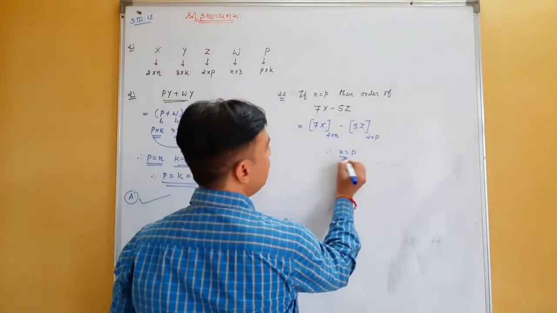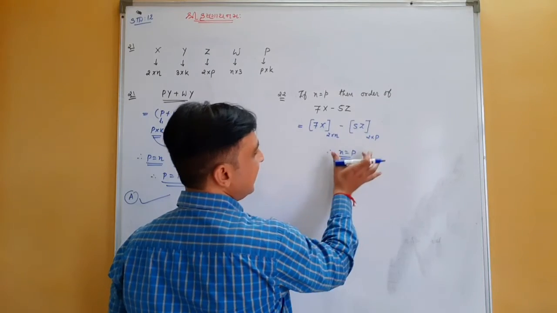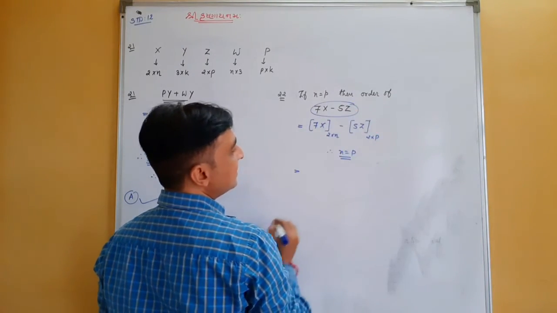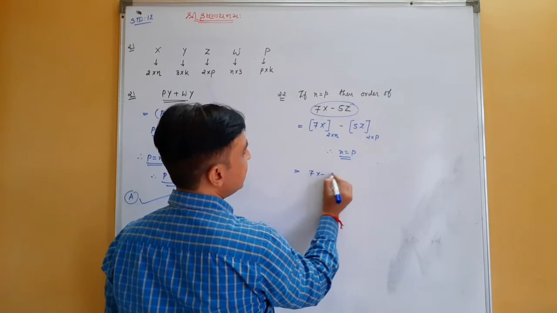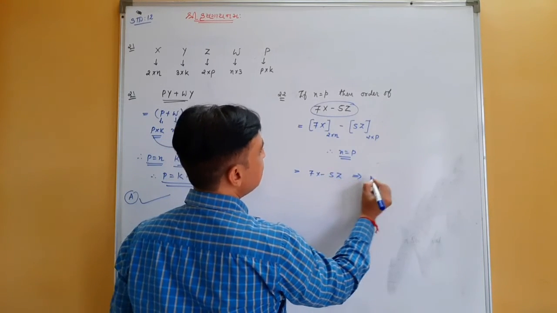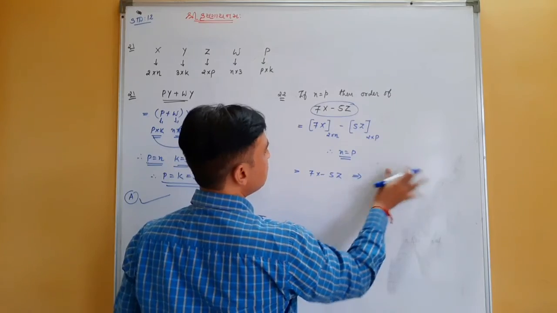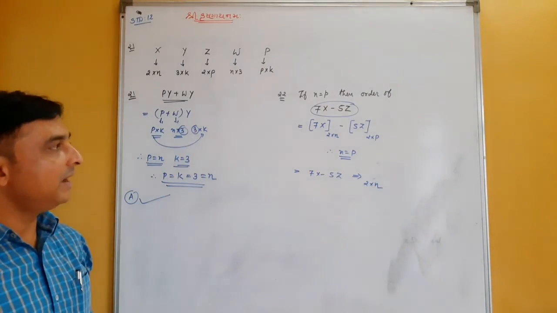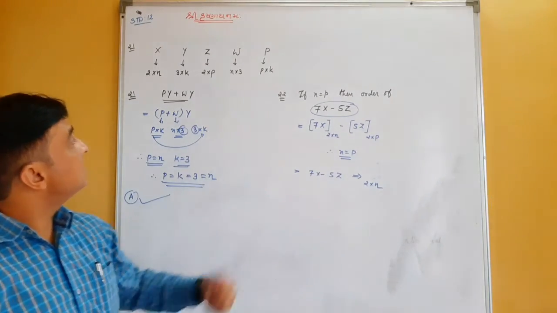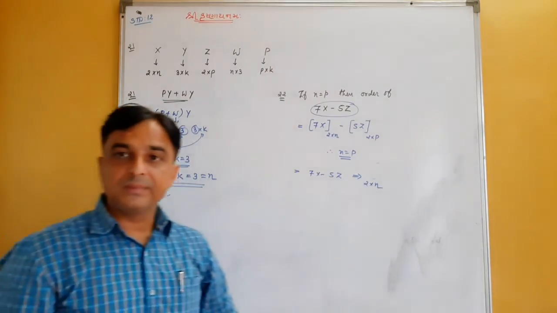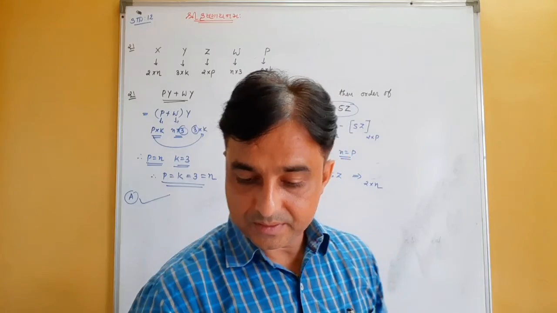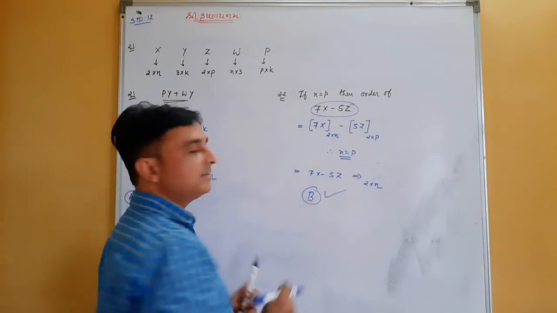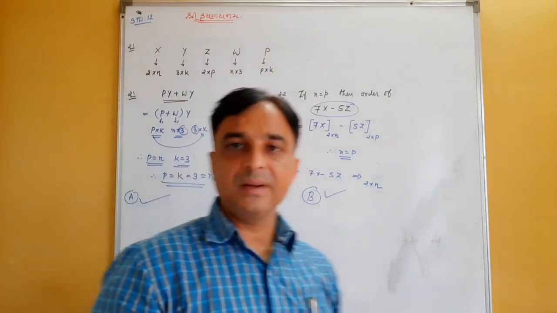So N equal to P. So the order of 7x minus 5z is 2 cross N. Nothing else. So option B. This is our right answer.